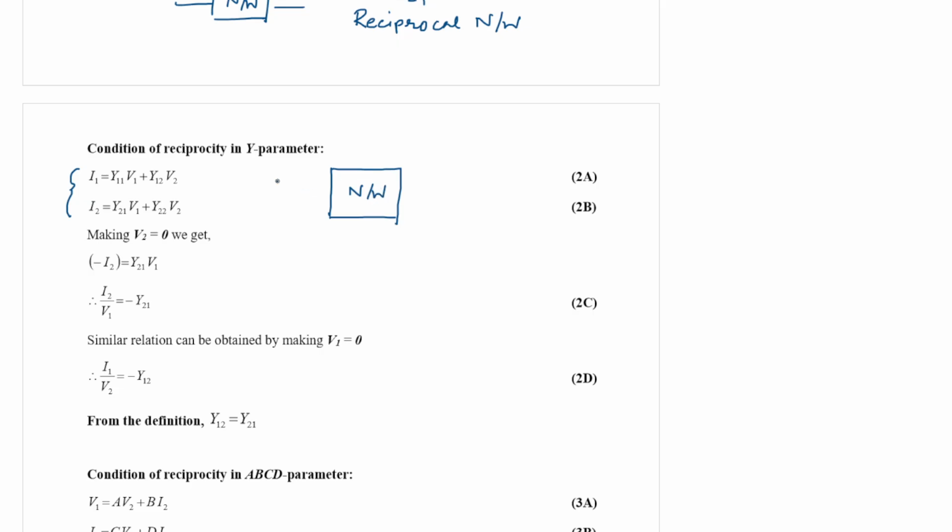First, we are exciting it from the input side. Current flowing to the input side is I1 and we are making a short circuit at the output side. So V2 becomes 0 and the current becomes minus I2.